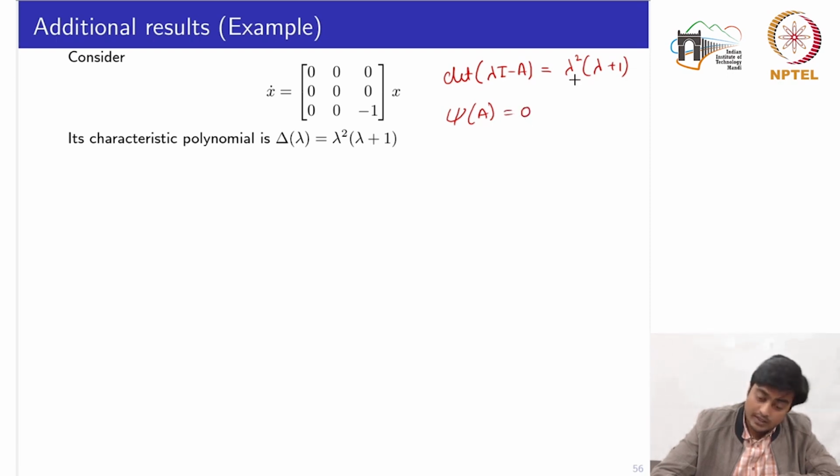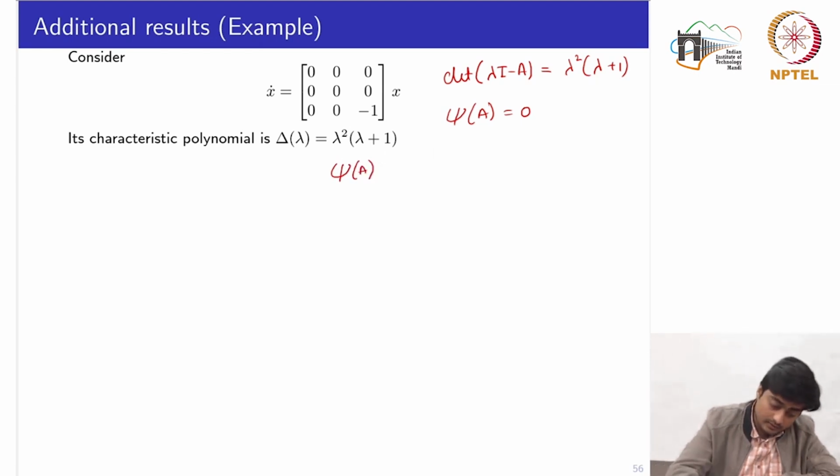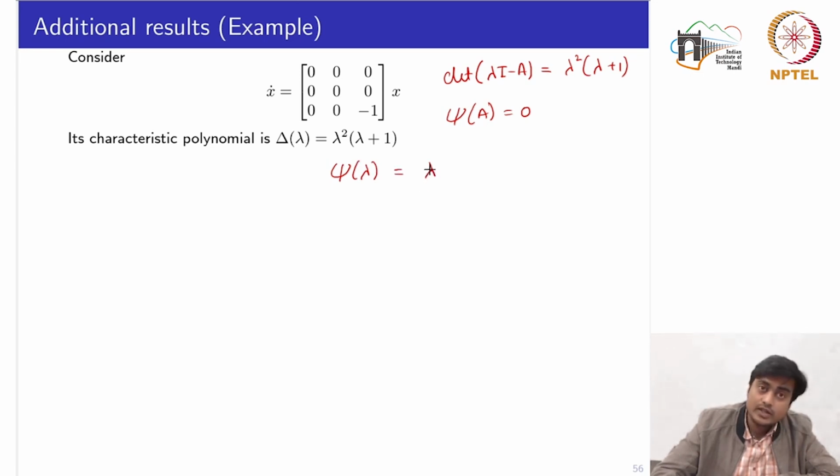Okay. So a polynomial of less than degree 3 could be, so there are a couple of options. Let's say psi of lambda could be lambda, which is of degree 1, or lambda plus 1, which is also of degree 1.